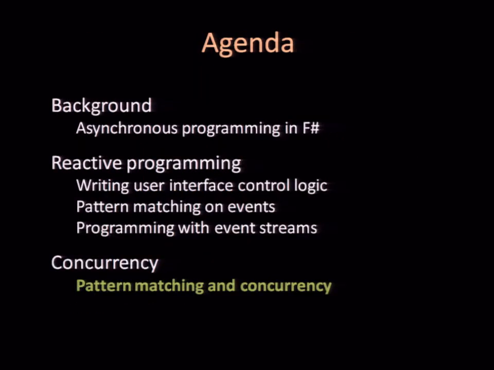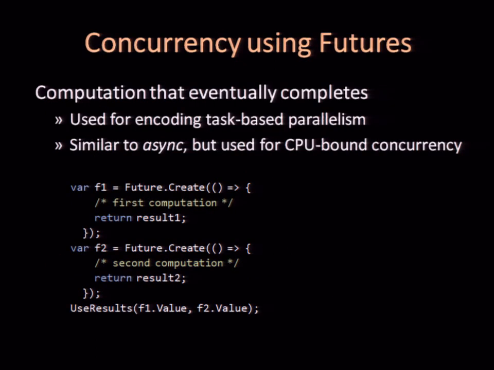The interesting thing about this is that it's a general language feature, so you can use it for various other things. I've talked mostly about the reactive programming, but you can use it for concurrency as well. So if you're programming with futures, future is just a computation that eventually gives you a value.